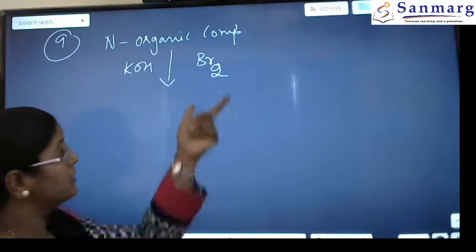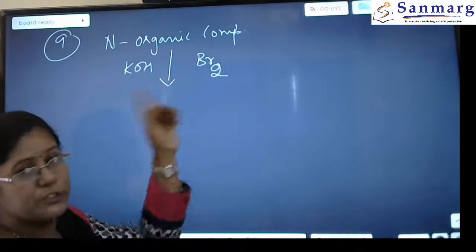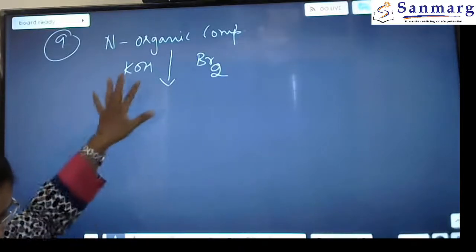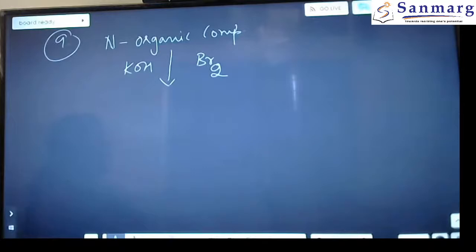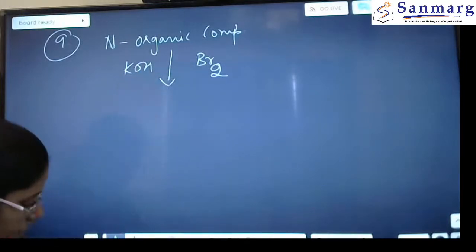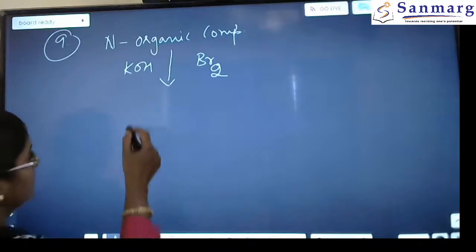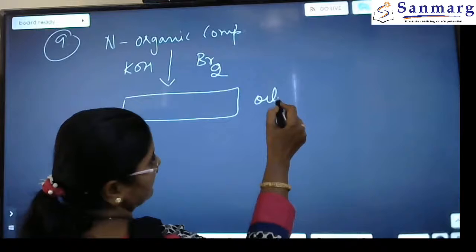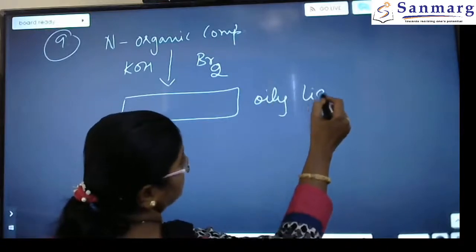You should know what reaction this is, bromine and KOH. This type of reaction is Hofmann bromamide reaction. You get one product here, and this product is an oily liquid.